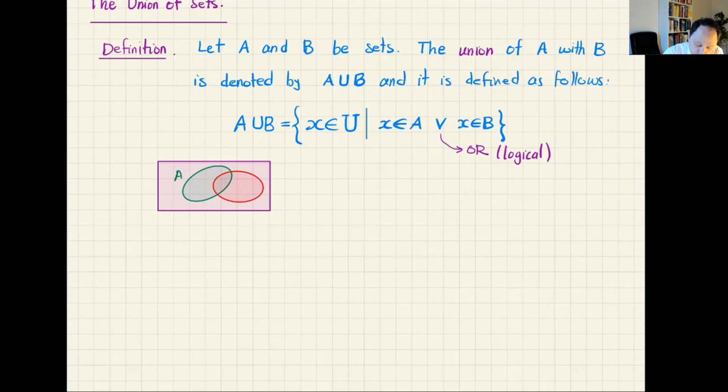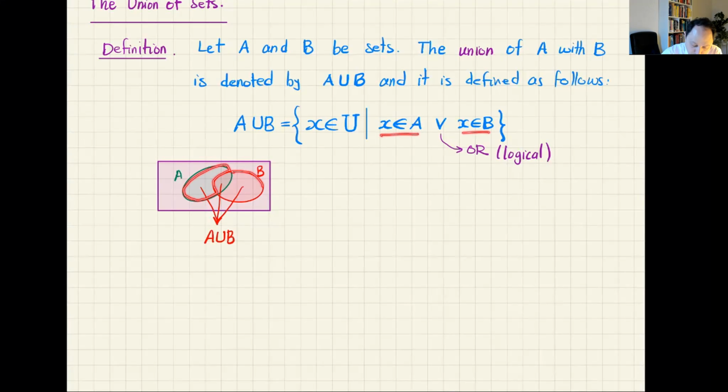So here I have this set A, and then I will have another set B. When I say union, it means all these parts, yes? This is the union. You see this part is only in A. That's acceptable because this is true, this is false.